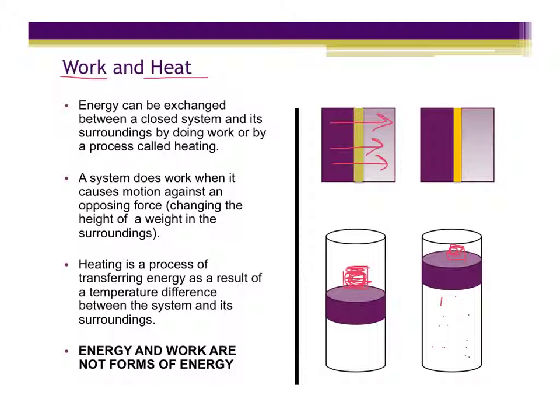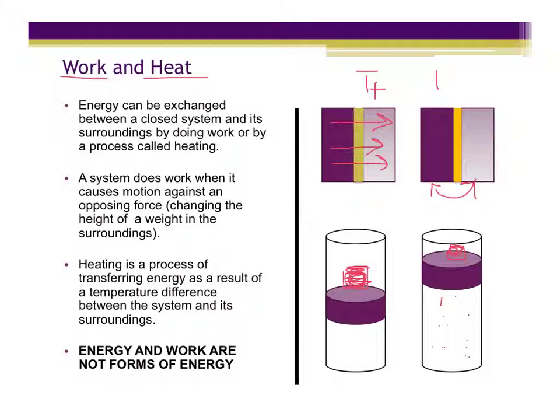So if there is a temperature difference between the system and the surroundings, then we know we have a transfer of heat. Remember when we talked about thermal equilibrium: when we have two bodies that are put together that are at different temperatures, the heat will flow from the warmer body to the colder body until the temperatures are equal.